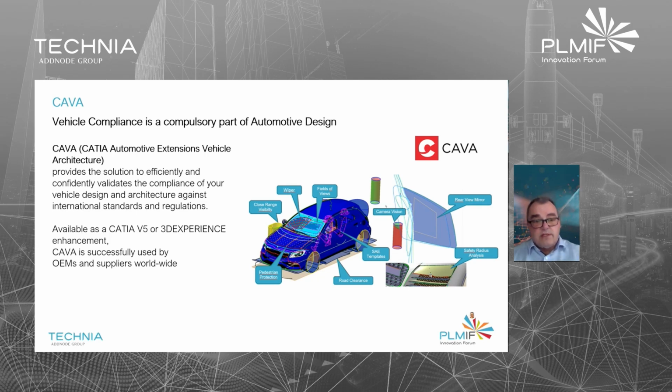CAVA is also designed to be open, so it has an open architecture with respect to input parameters and output parameters, but CAVA also supplies a lot of international standards and regulations with the product. All these regulations and standards can also be modified or adjusted by the user, so that customized standards can also be checked with CAVA.